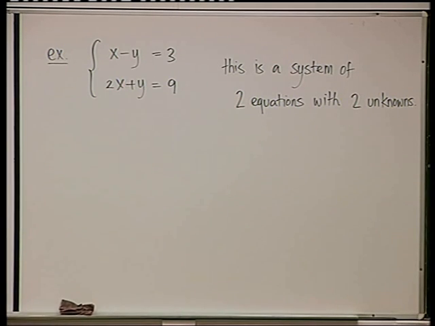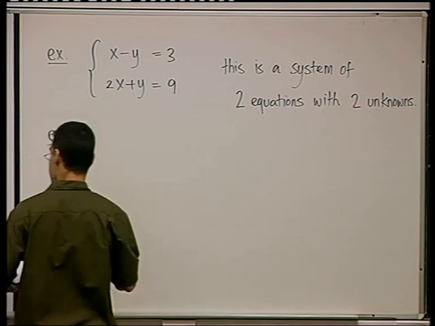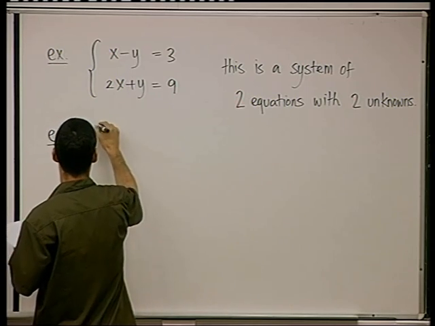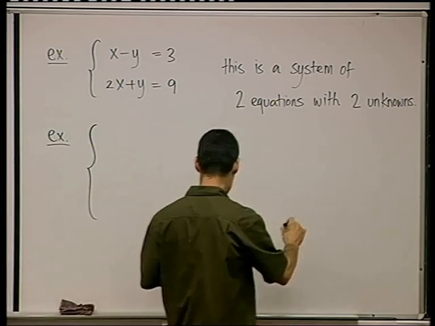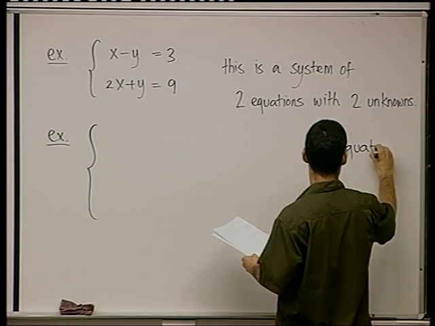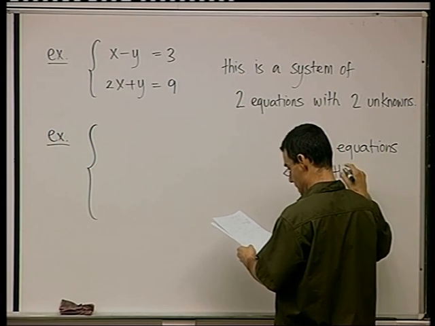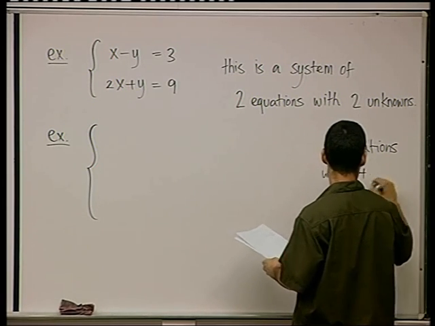Let's do a more interesting example of a system. So here's another example. There are going to be three equations with four unknowns.